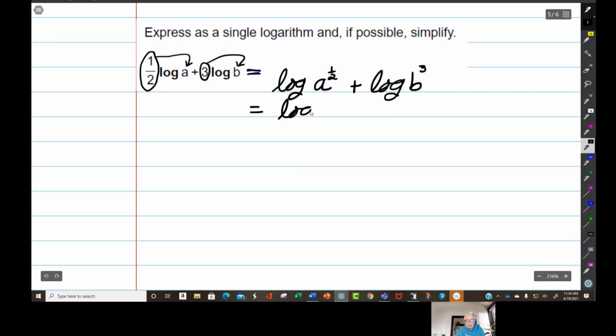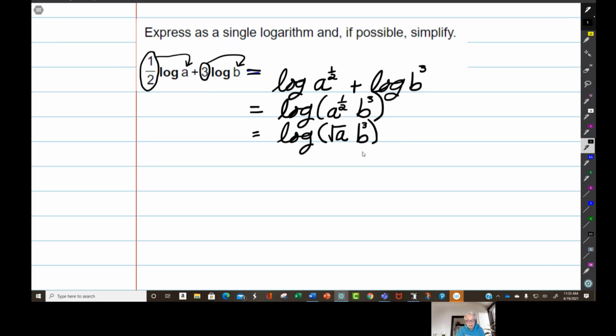Log of A to the 1/2 times B to the 3rd equals log. Anything to the 1/2 power is a square root. The square root of A times B to the 3rd.